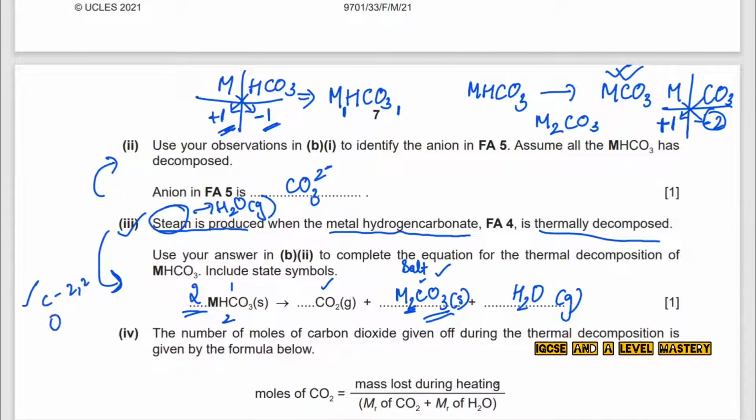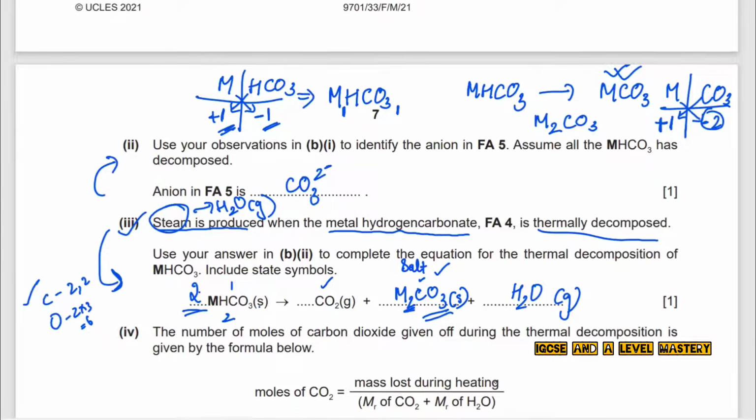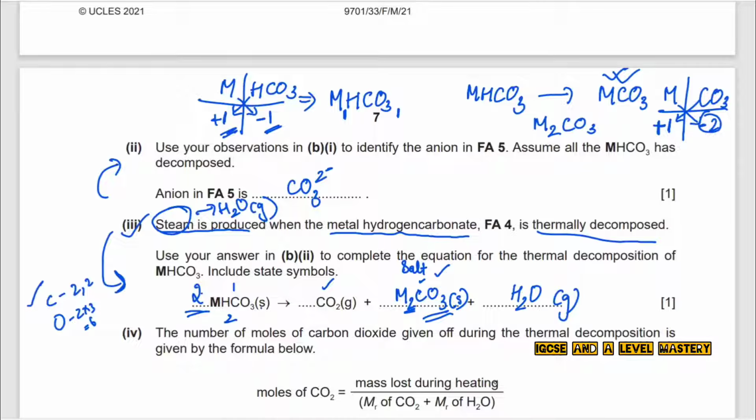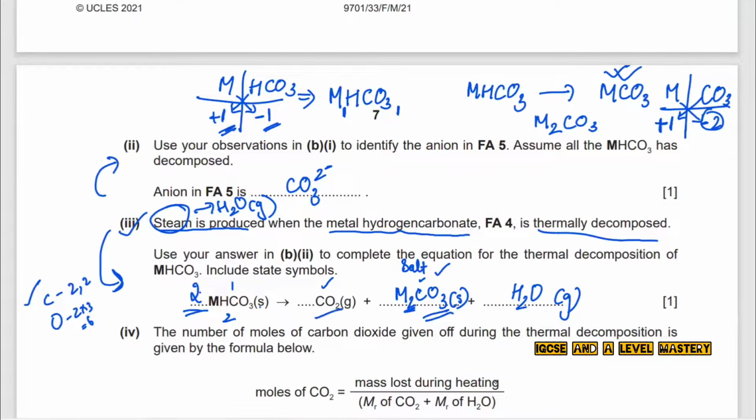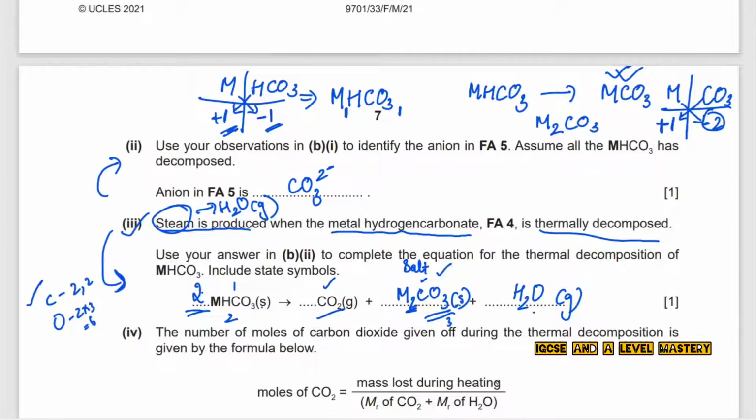Oxygen is 2 into 3 on the reactant side, which is equal to 6. And on the product side, there are 2 oxygens over here, and then 3, and then 1 oxygen. So 2 plus 3, 5, 5 plus 1, 6 oxygen. So oxygen is also balanced.